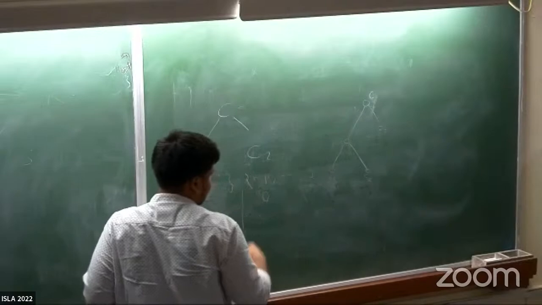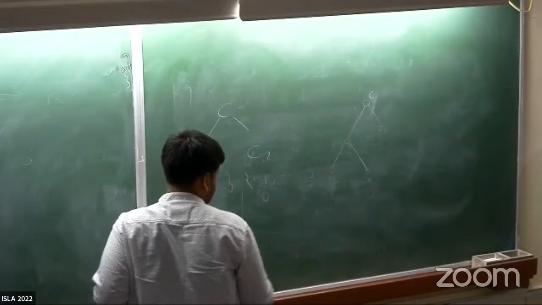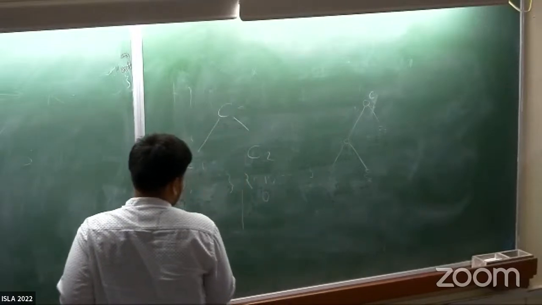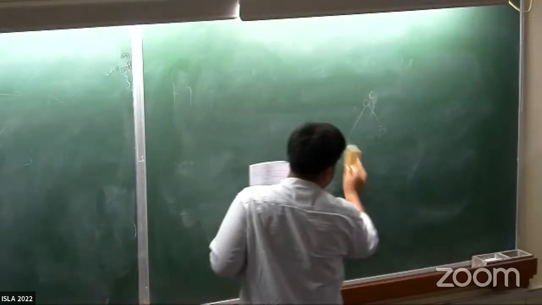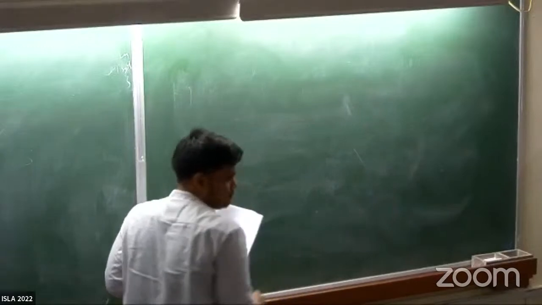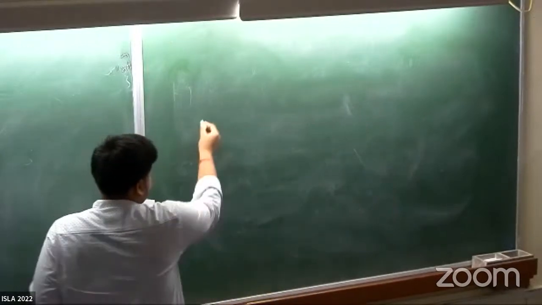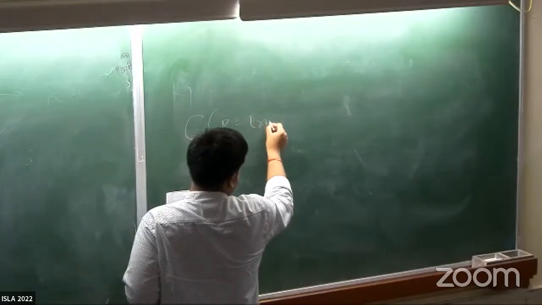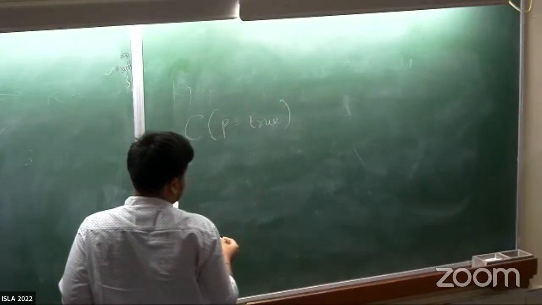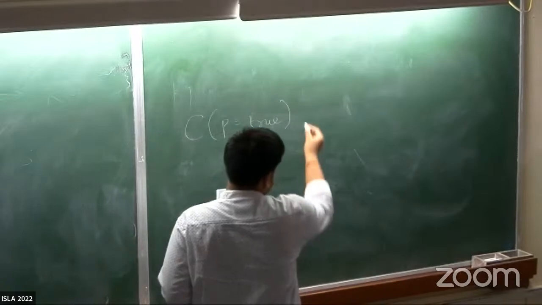So next we'll try to prove the completeness. We'll do one more construction, similar, to prove the completeness. So I'll make one thing: C_P equals true. What is this?